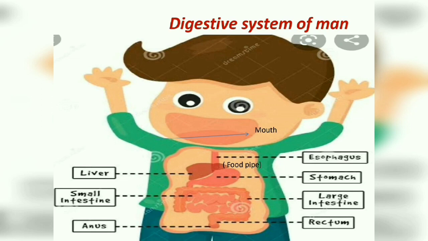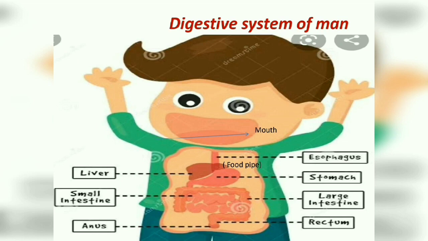Once again, here also we'll see the mouth. From the mouth, there is a small pipe, the esophagus, food pipe. From the food pipe, food goes to the stomach. From the stomach, it goes to a small pipe-like structure, the small intestine, which is a thinner pipe. The small intestine takes it to the large intestine.